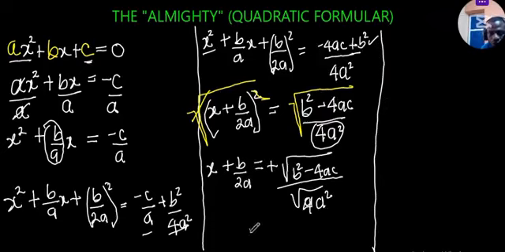So that will give us the square root of b squared minus 4ac all over, the square root of 4 is 2, the square root of a squared is a.